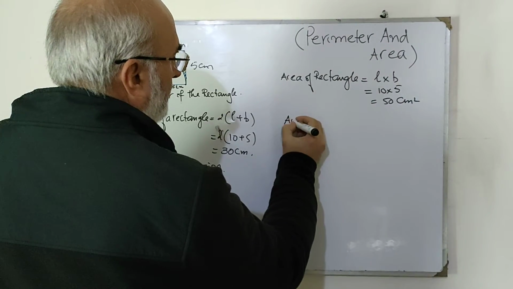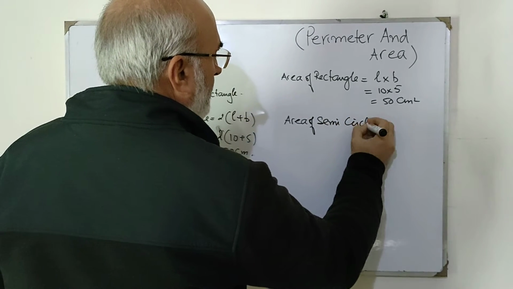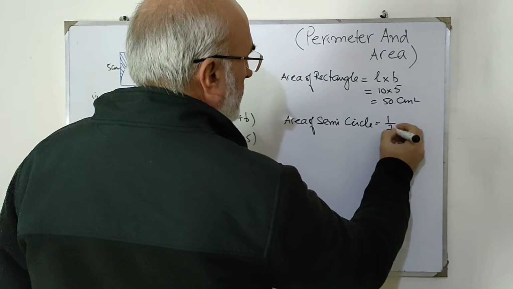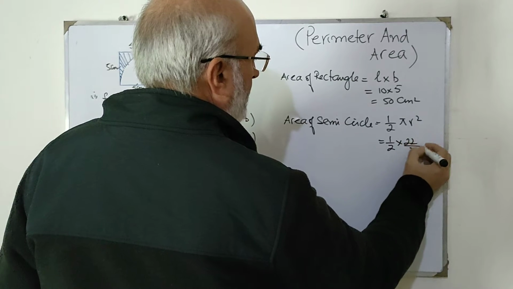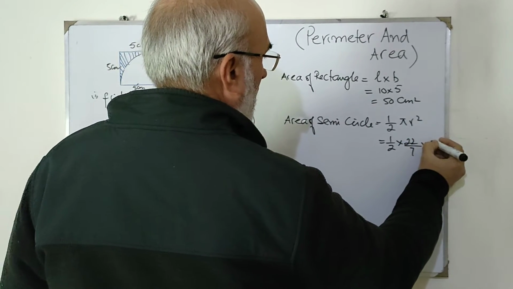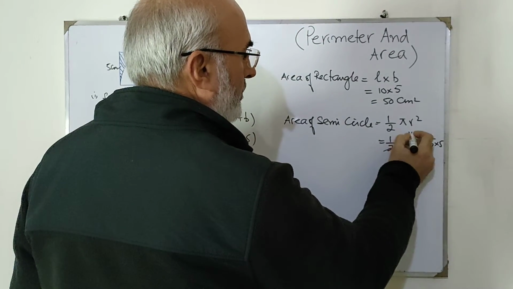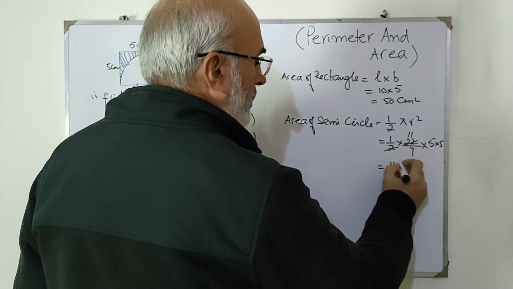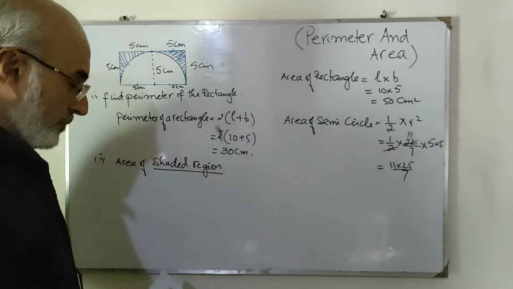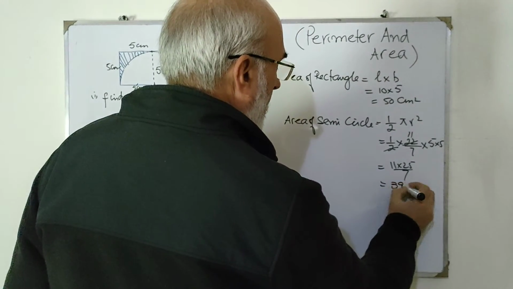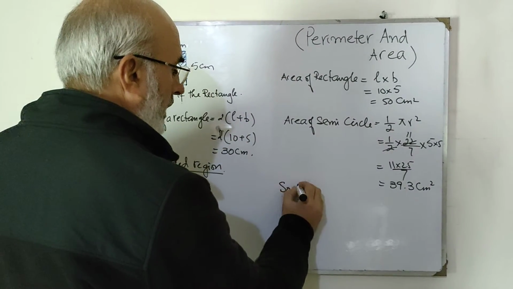So area of semicircle is 1 by 2 pi r square, which is 1 by 2 into 22 by 7 into 5 into 5. So 11 into 25 over 7, and it is equal to 39.3 centimeters square.